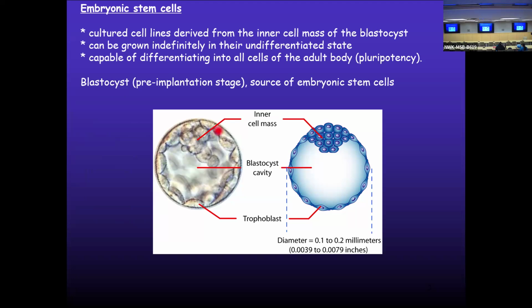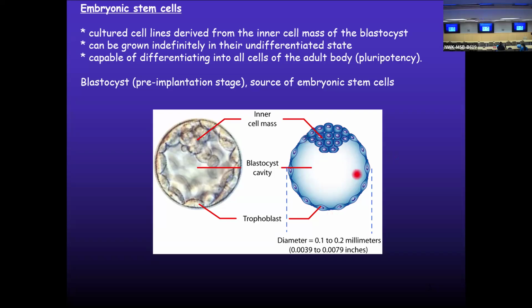They are cultured cell lines derived from the inner cell mass of a blastocyst. You remember, the blastocyst, the last stage of the pre-implantation embryo, segregated two layers, inner cell mass and trophectoderm, okay? If we remove the inner cell mass of a blastocyst and put it in culture in very, very rich conditions, these cells can give rise to the embryonic stem cells, all right?